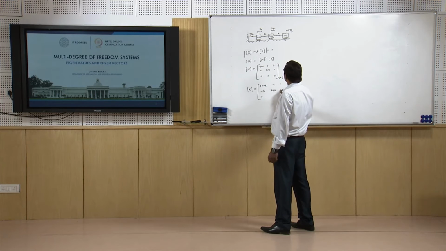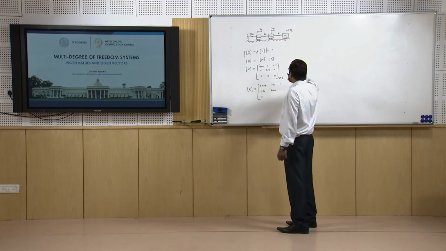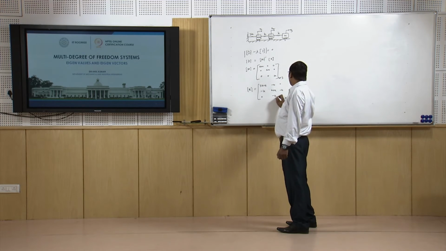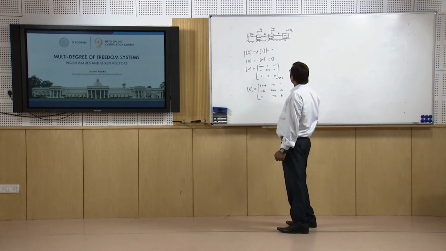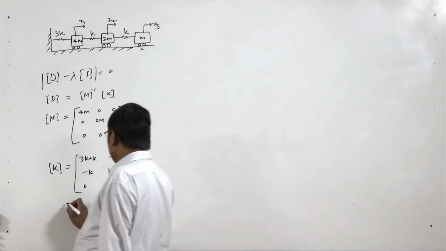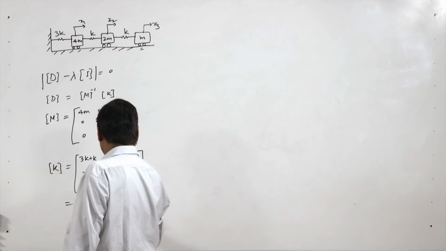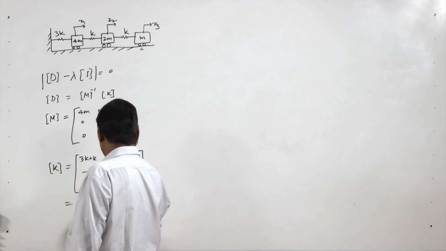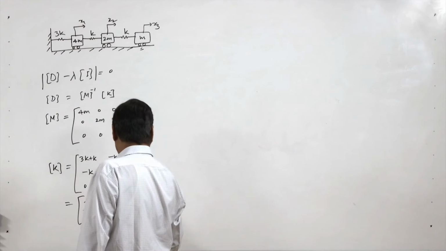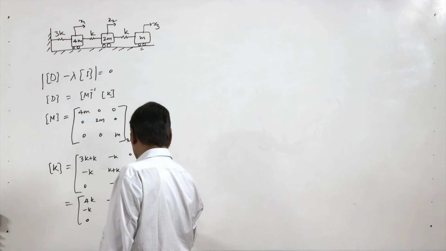And then the last terms, minus Kn, so minus K, and this is Kn, so that is K. So this is our stiffness matrix. We can simplify: that is 4K, minus K, 0, minus K, 2K, minus K, 0, minus K, K.